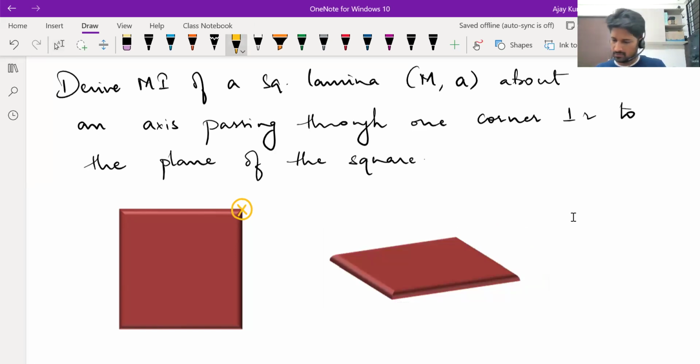So if you visualize it properly, it's like this. If the square is in the XY plane, the axis that you are asked to calculate the moment of inertia about is parallel to the Z axis like this. So it's perpendicular to the plane of the square.